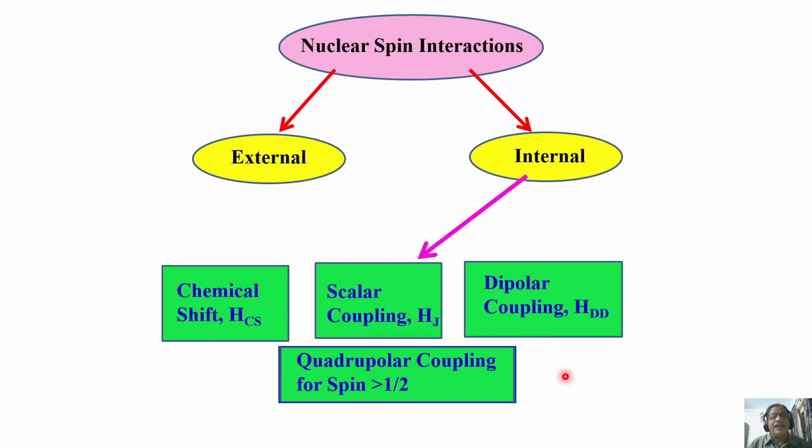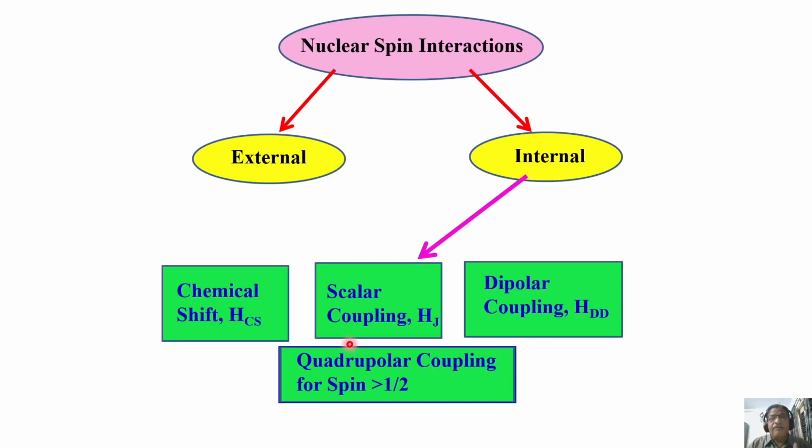We calculated that in one of the classes. Take deuterium. The spin is 1. And such nuclei, I told you, are quadrupolar nuclei. And that type of nuclei whose spin is greater than 1 can have an internal interaction which is called quadrupolar coupling.